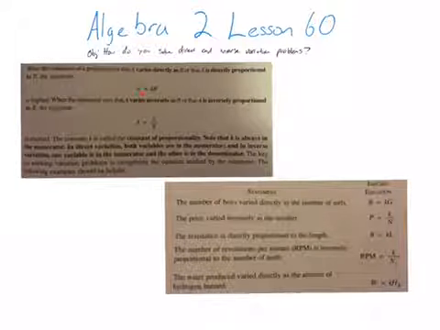And what that means, if it talks about varies directly or is directly proportional to, means that A is equal to some number times B. That's what it means to vary directly or directly proportional to.